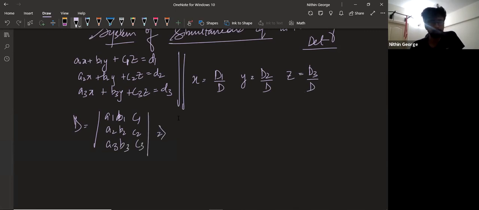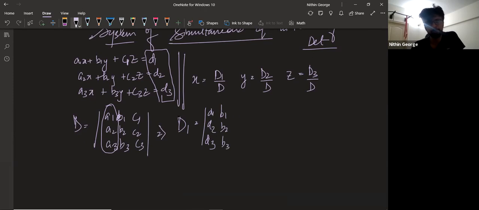We also have d1, when you replace a1, a2, a3 by d1, d2, d3. So this becomes d1, d2, d3, and then the rest remains as it is: b1, b2, b3, c1, c2, c3.